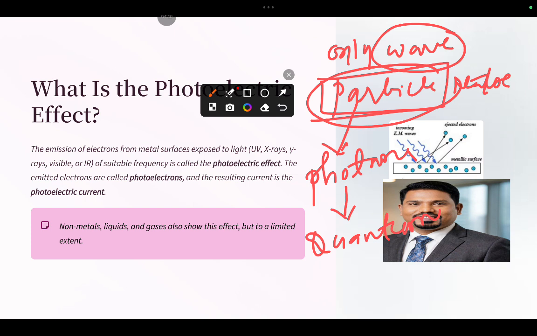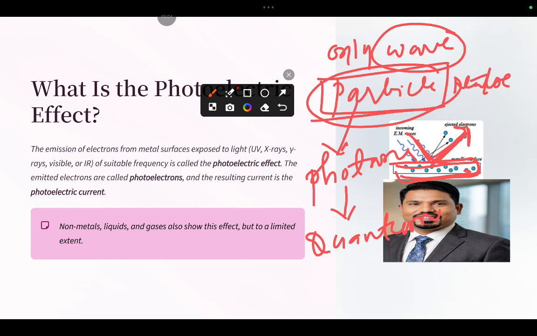See here, when light of a suitable frequency is incident on a metal surface, the metal surface emits some electrons, and these are called photoelectrons. The current generated because of these photoelectrons is called photoelectric current.